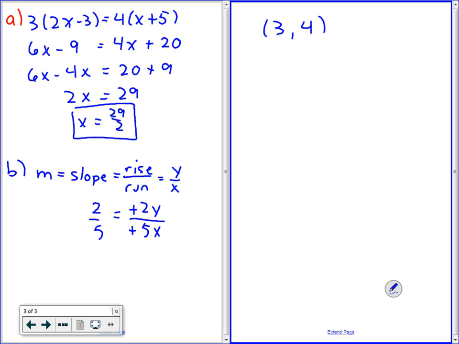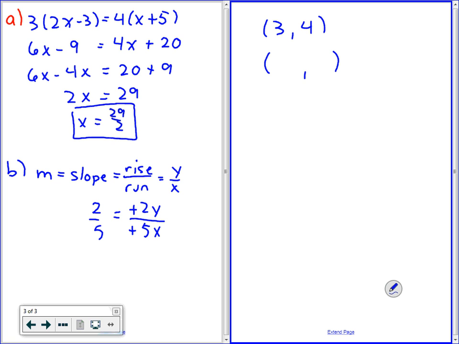What is the next point that I could get from here? Jacob, what's the next point I could get from here? Pause. Okay. I want you to help and then we'll come back. 5, 9.